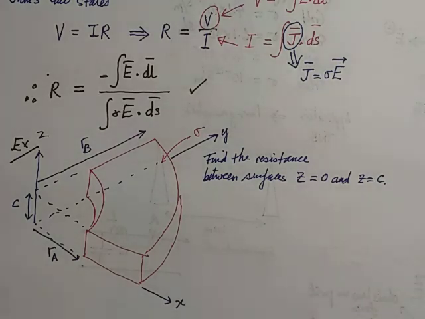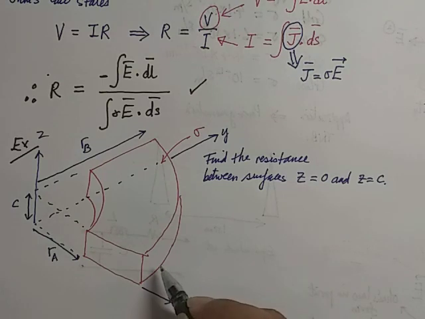What we need to do is find the resistance, but between specific surfaces. Meaning this problem can have infinite resistance combinations, but for this particular problem, we need to find the resistance between what?